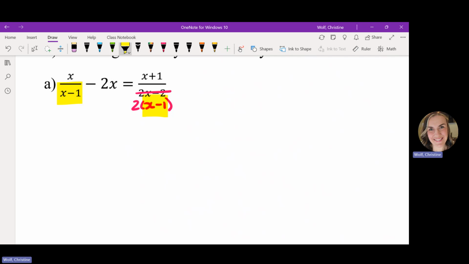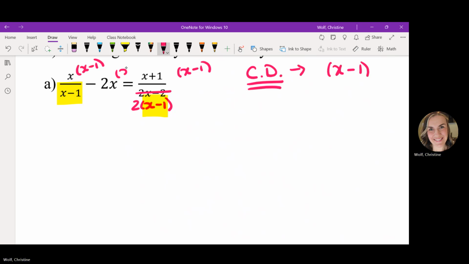So what you're going to do is figure out what the common denominator is because you want to cross everything off. I know if I multiply by an x minus 1 all the way across my entire equation, you have to be fair and do it to everything. I know that my x minus 1s will cross off there and there and there and there, but there exists a problem still.